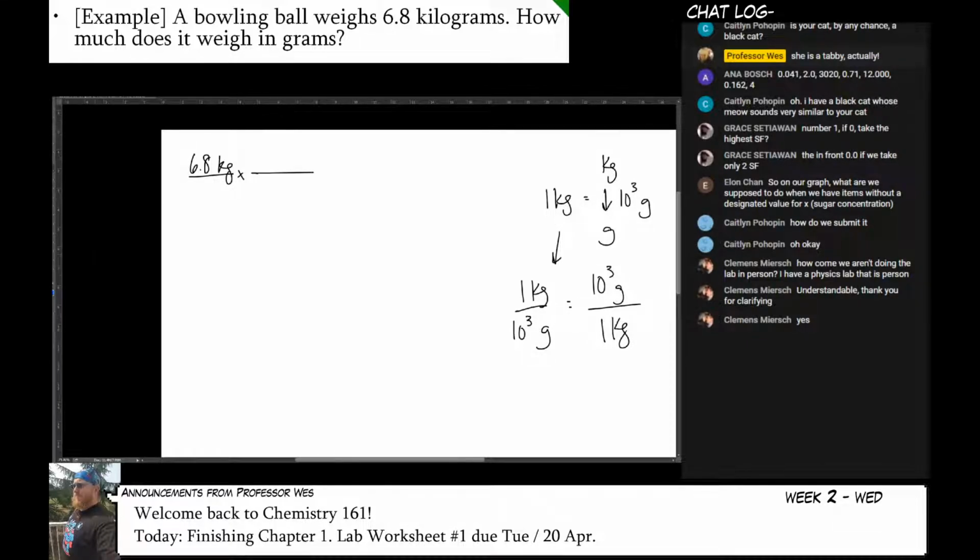For instance, over here, I have kilograms on top of the expression. So if I put a kilograms on the bottom down here, they would cancel, wouldn't they? So let's do that. I'm going to use this expression because it has kilograms on the bottom and grams on the top. That will allow me to get an answer in grams. And then I just fill in the numbers. So 1 kilogram is 1,000 grams. And there you go. So very simple dimensional analysis. We are capable of doing that.